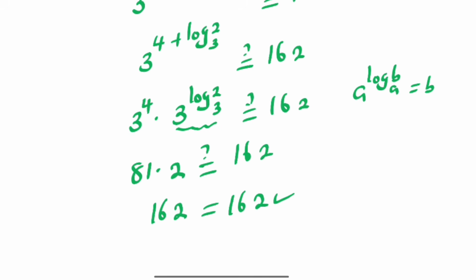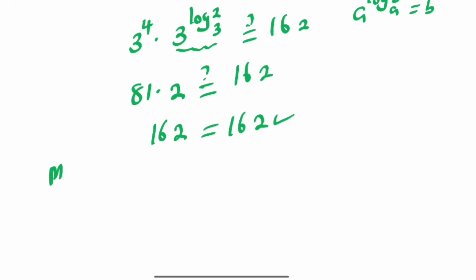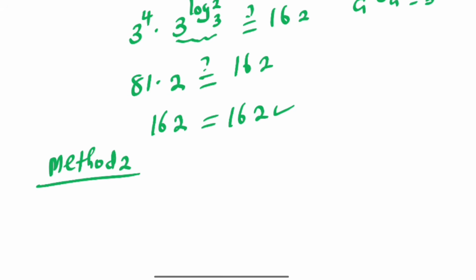Now let us solve this using another method, called method 2, which is the method of natural logarithm. We have the given equation 9 raised to power x plus 1 is equal to 162.